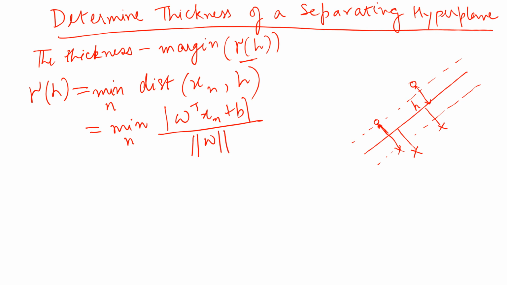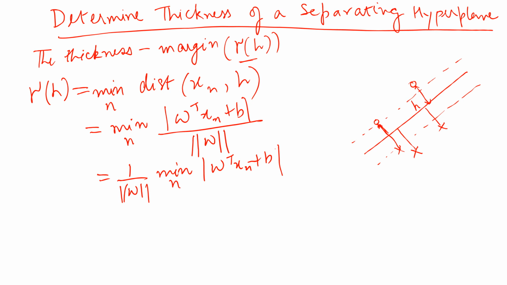Okay. And because the denominator does not depend on xn directly, we can also rewrite it as something like this: the minimum over all points of the absolute value of w transpose xn plus b, over the norm of w.